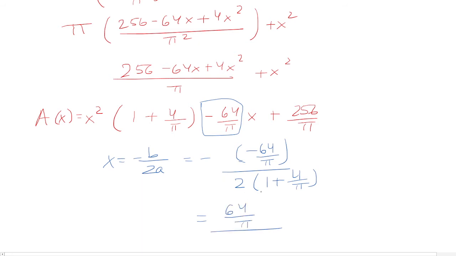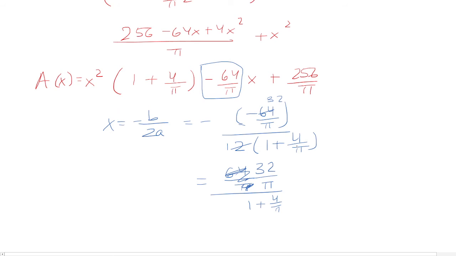And then I'm going to cancel out the 2 here. So that should be 32 and 1. So this is 32 over pi, and that's over 1 plus 4 over pi. I'm going to multiply top and bottom by pi just to get the pi out of the denominator. So I get x is equal to 32 over pi plus 4.